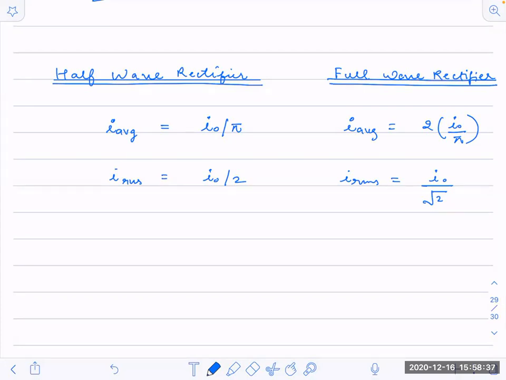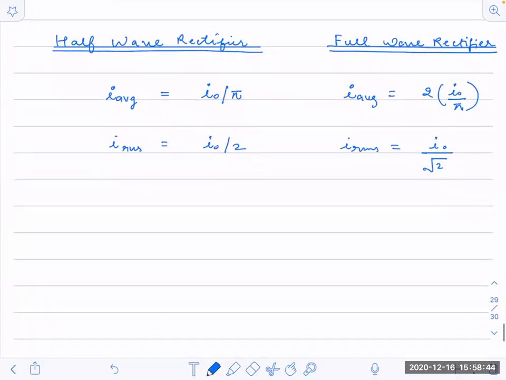Now let us see the efficiency of the rectifiers. So the next topic is the efficiency of rectifier.